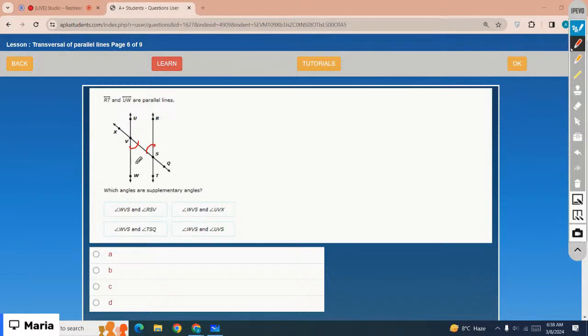No. WVS and UVX. WVX and TSQ. No. WVS and UVS. Yes, this is the correct option. They make the complete 180-degree angle, right? The correct option is option number D.